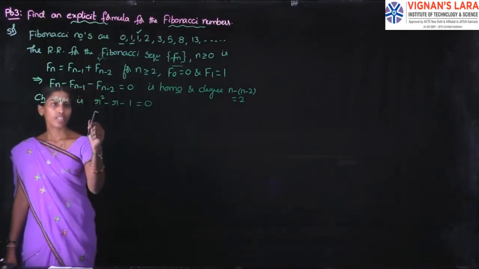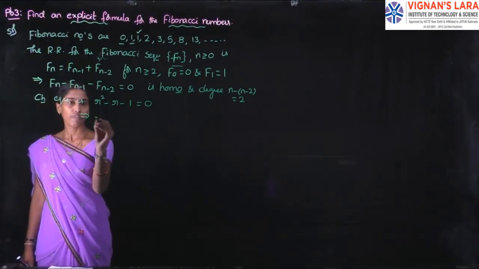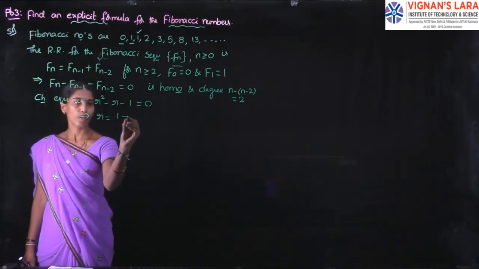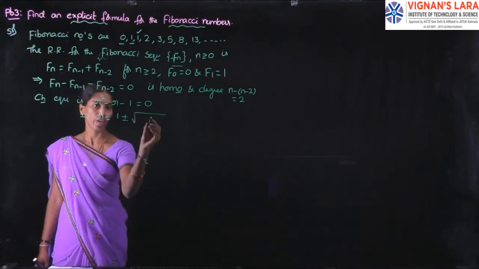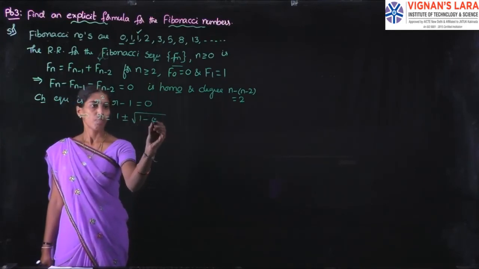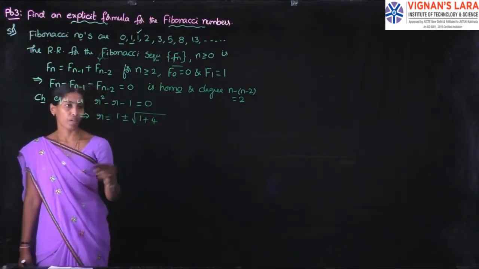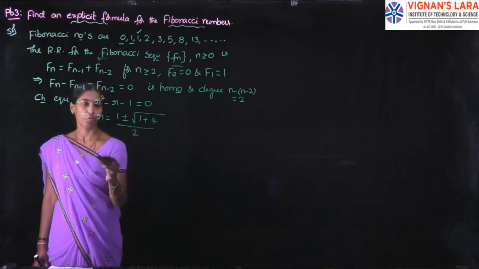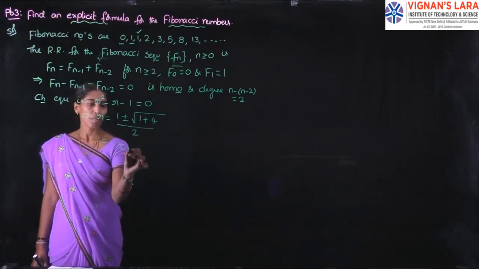Now solve this characteristic equation and find its roots. r is equal to minus b plus or minus square root of b square minus 4ac by 2a, which gives 1 plus or minus square root of 5 by 2.